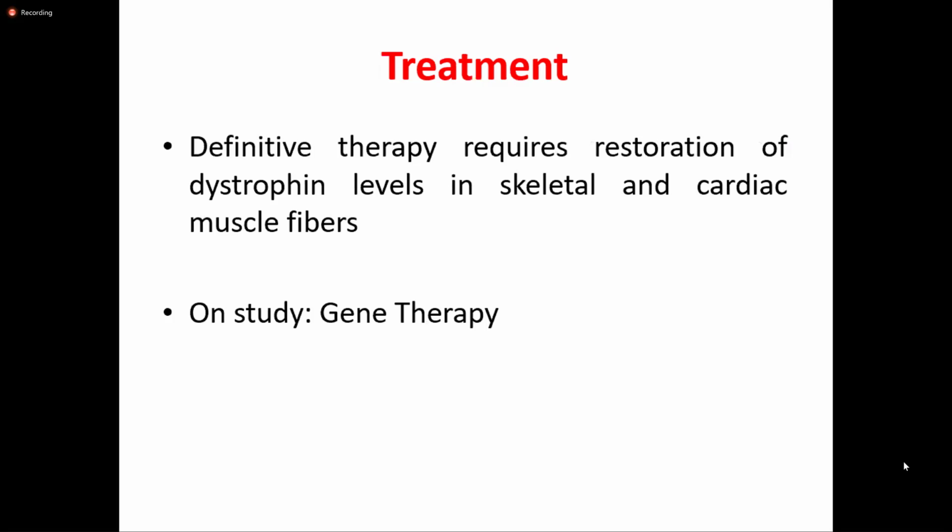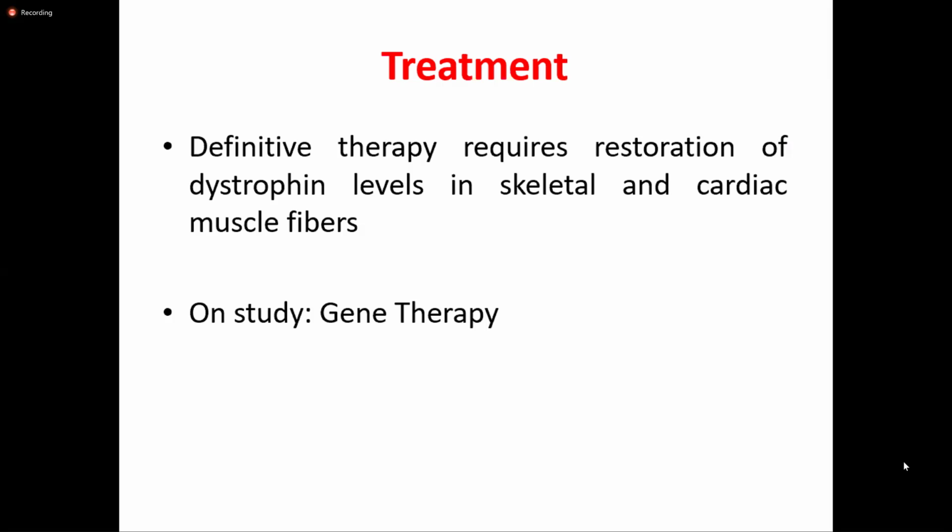So the treatment is, there should be restoration of the dystrophin level in the skeletal and cardiac muscle fibers. Here also the patient presents with a low or little dystrophin level, not a complete lack, but this should be restored. And in ongoing studies, there is gene therapy.